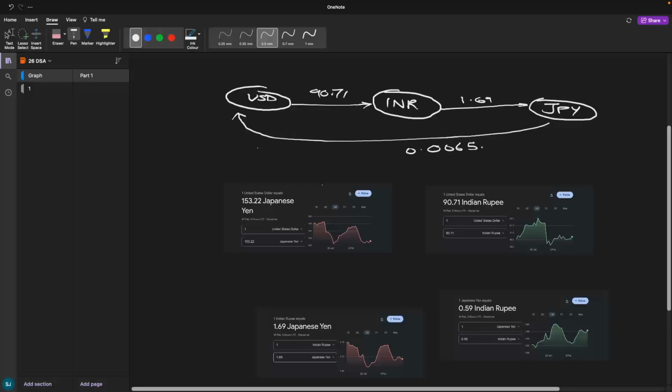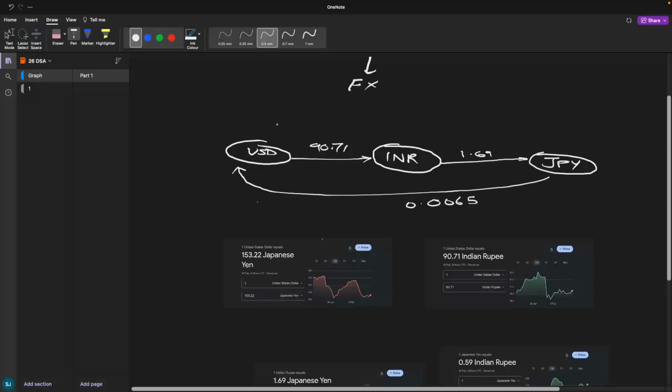Okay, now assume we had $100 with us. We converted it into INR. Now we have 9,071 rupees. Now we convert it into Japanese yen. We will have 9,071 into 1.69.